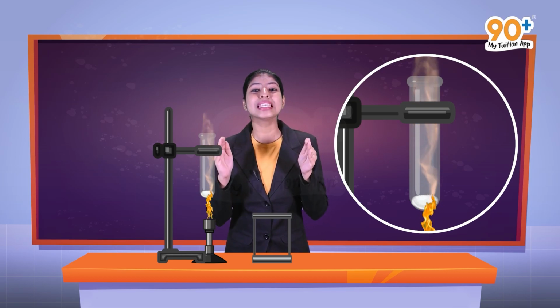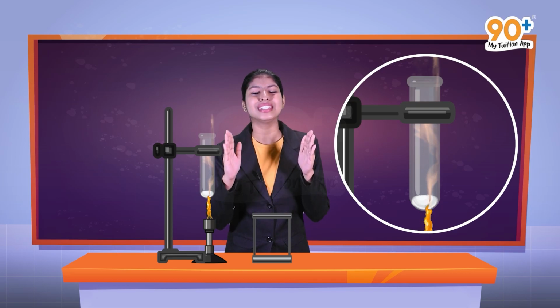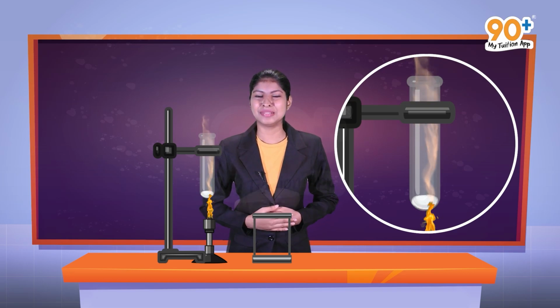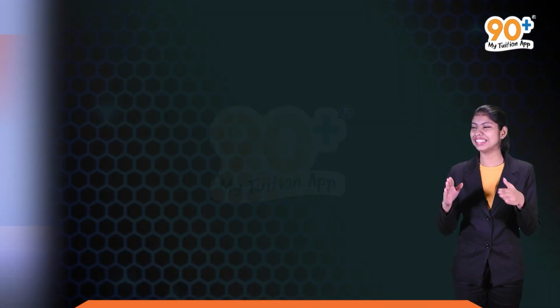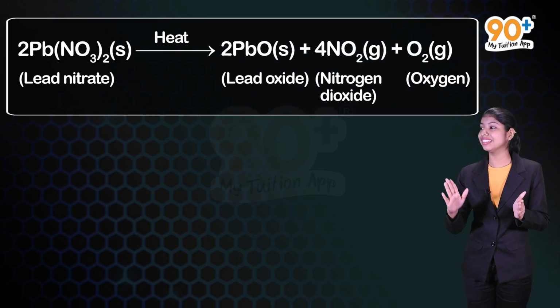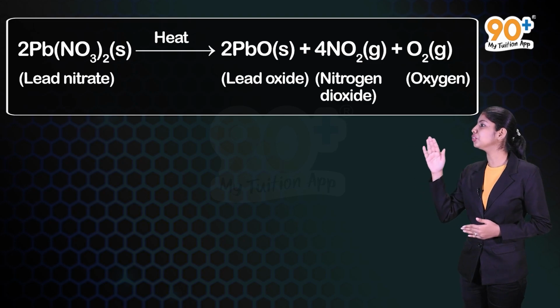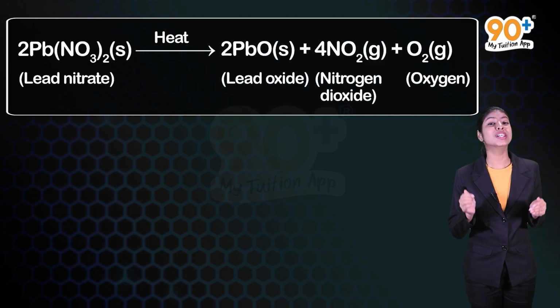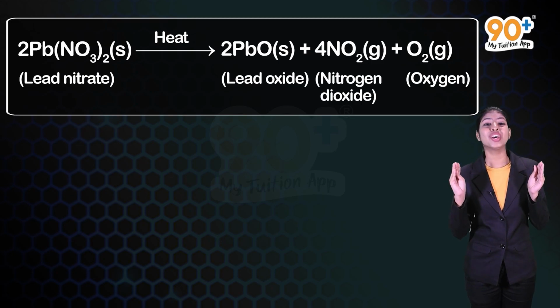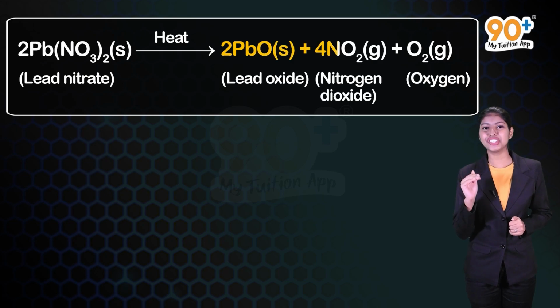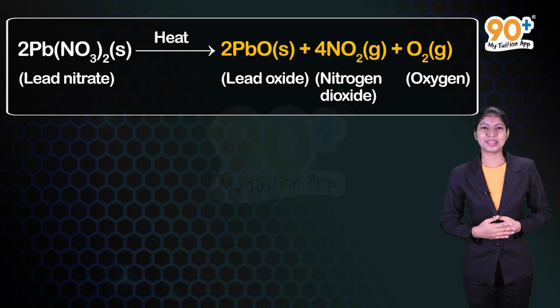These brown fumes indicate the presence of nitrogen dioxide. And here you can see the chemical reaction, that is 2Pb(NO3)2 on heating converted into 2PbO plus 4NO2 plus O2, that is lead nitrate on heating converted into lead oxide, nitrogen dioxide and oxygen.